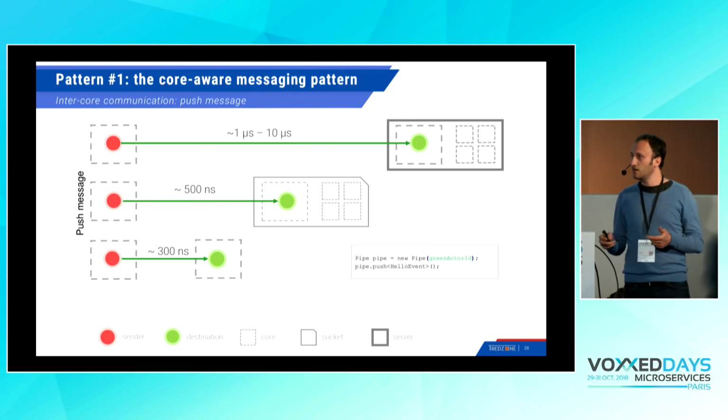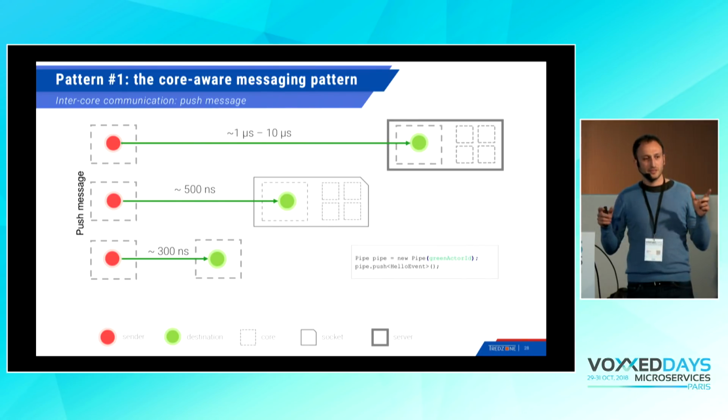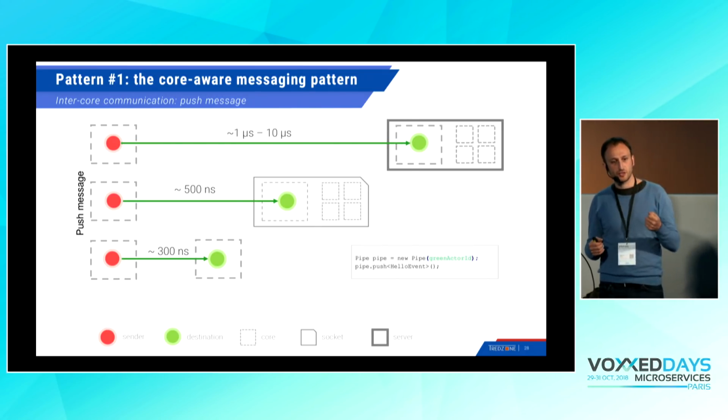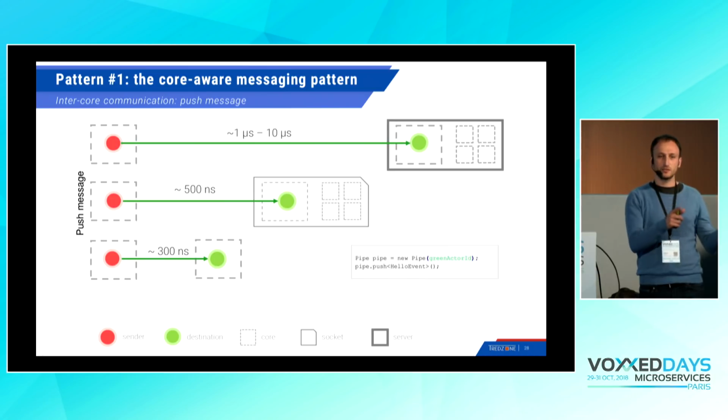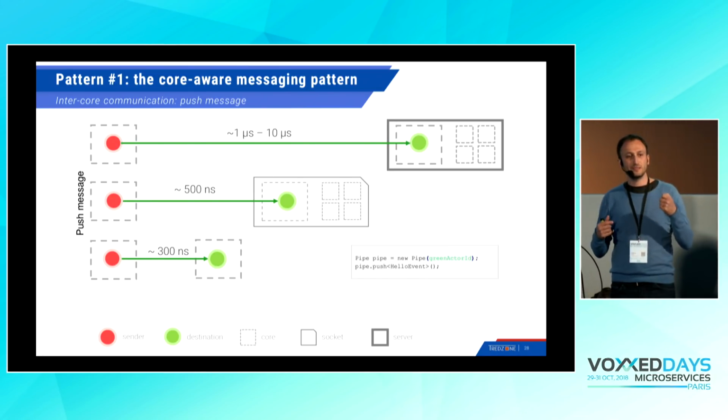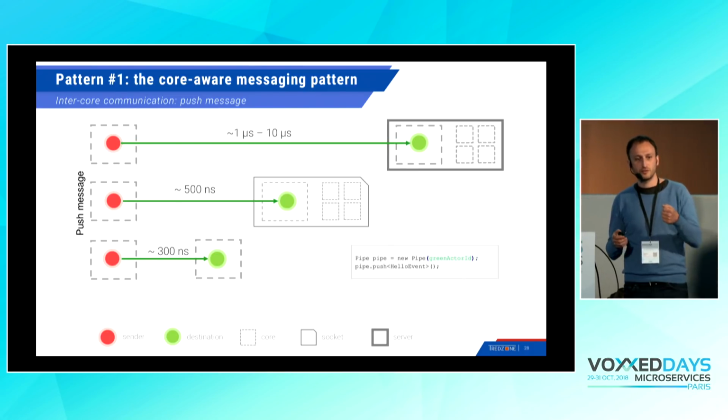If they are on several CPUs, they will use QPI. If they are on two separate cores, they will use cache coherency. And when you push a message, an event from an actor to another actor, it should be seamless for the developer. So that's the first point.